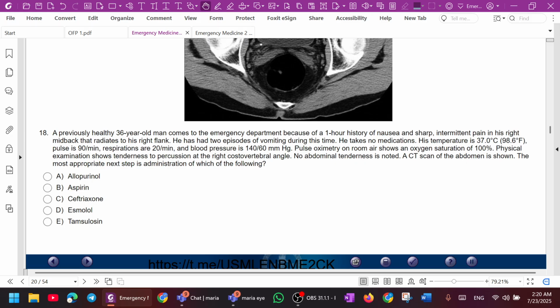Temperature is 37 degrees Celsius, pulse 90 per minute, respirations 20 per minute, blood pressure 140 over 60, and pulse oximetry on room air shows oxygen saturation of 100%. Physical examination shows tenderness to percussion in the right costovertebral angle. No abdominal tenderness is seen. CT scan of the abdomen is shown. Which of the following is the most appropriate next step?